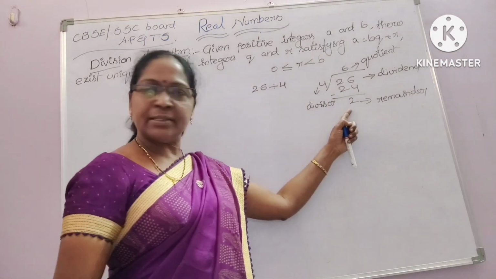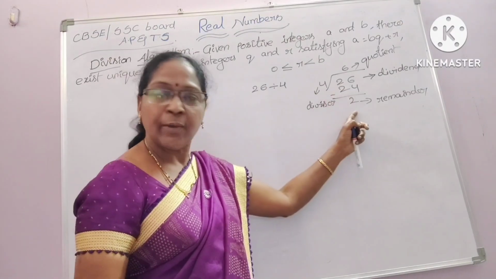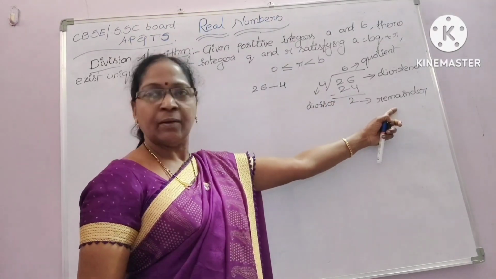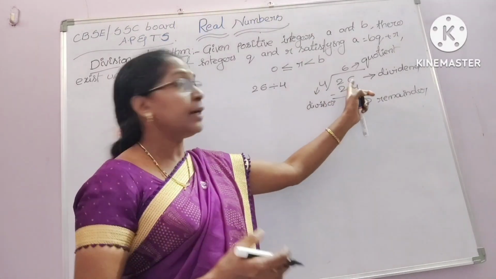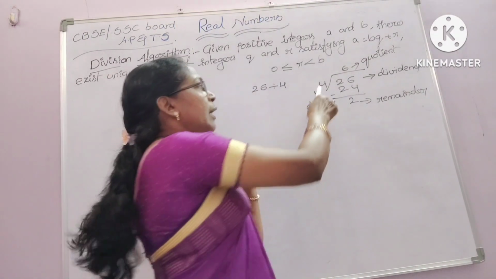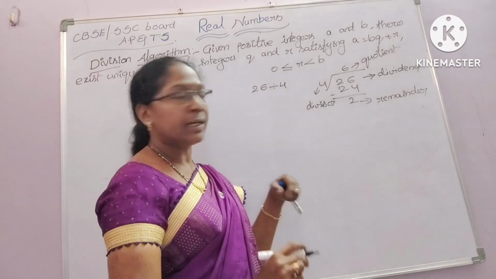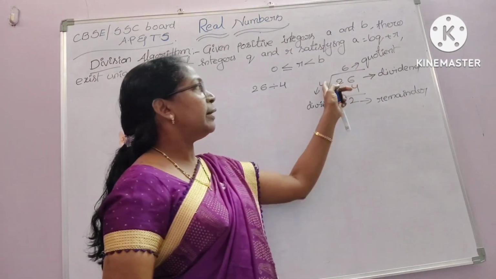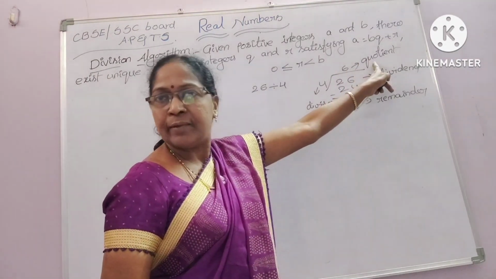Whatever the remaining value is, that we call the remainder. Which number we are dividing, that is 26. With what number we are dividing, that we call the divisor. And how many times it is divided and multiplied, that we call the quotient.